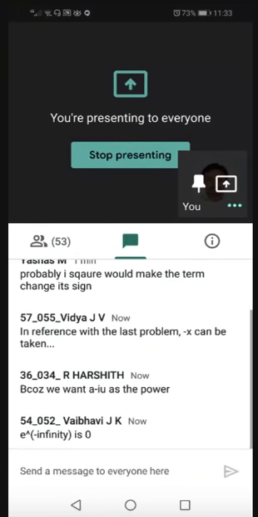If you were getting e power plus infinity, then it is unsolvable. It again becomes infinity, and we don't know what the answer is. So instead of that, make it 0. That's why I've taken it.